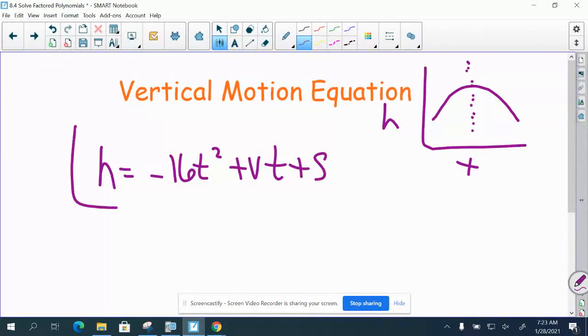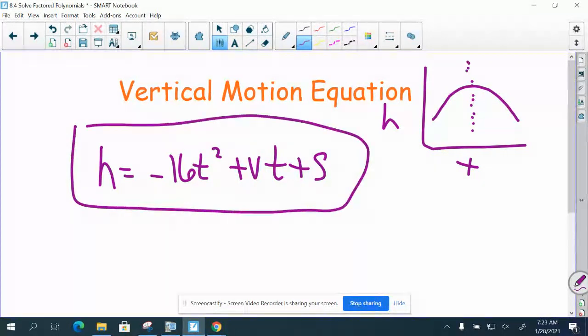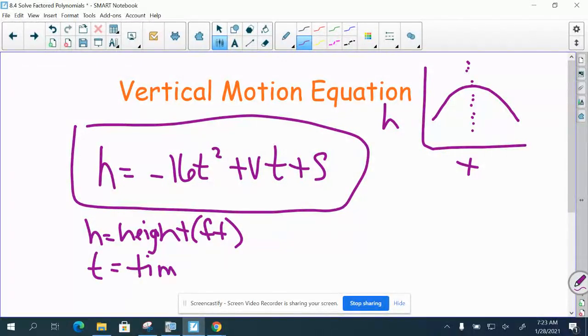So please make sure you write this equation down and what all of the variables mean. h is the height of the object in feet. t represents the time in seconds.